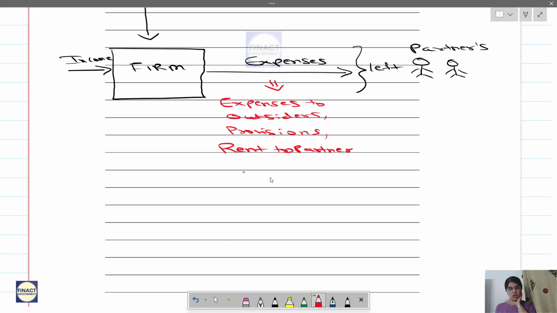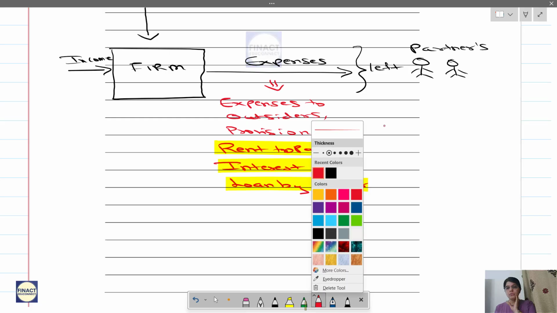So rent to partner, and interest on loan by partner. As far as the partner is concerned, these two payments, rent to the partner and interest on loan by partners, are considered as expenses. They are not considered as appropriation of the profit.